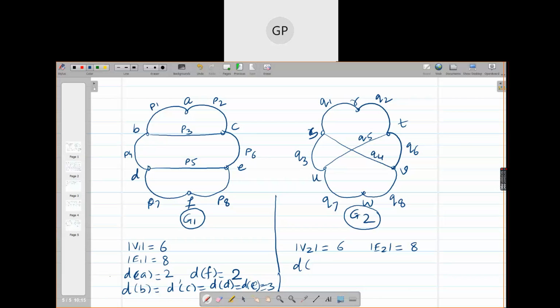So here there are 2 vertices of degree 2 and 4 vertices of degree 3. In G2, degree of R is equal to degree of W is equal to 2, and degree of S is equal to degree of T, U and V, equal to 3. So here also, what do you observe? That there are 2 vertices of degree 2 and 4 vertices of degree 3. Right?